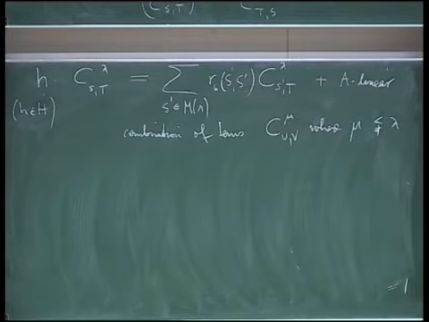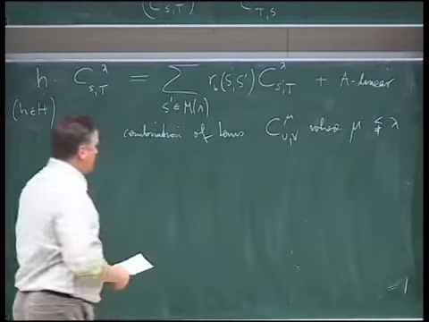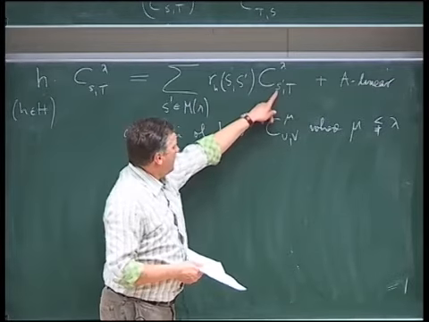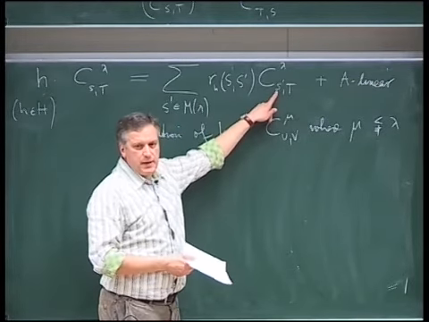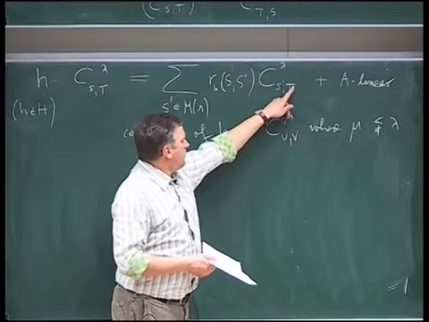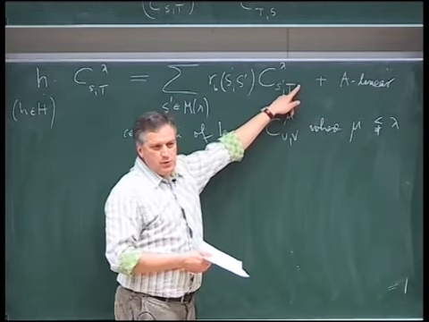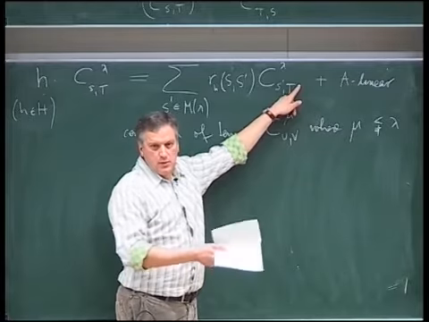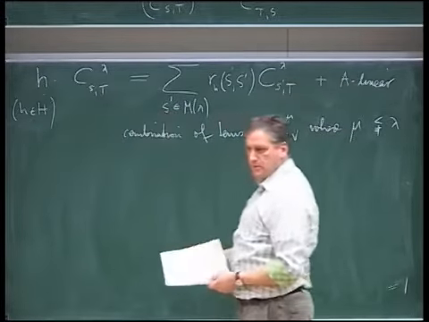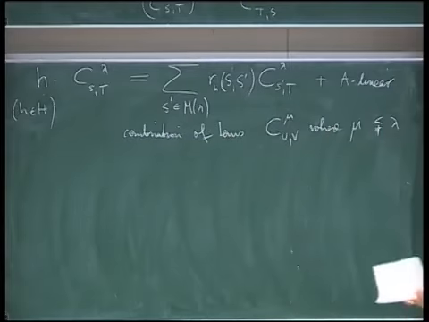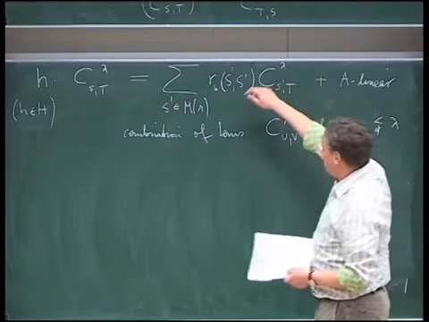So there are actually several statements here in this condition. First of all, note that I only let run the first index here, the S prime. A priori, I should also expect terms where the second component could occur here. This is the first statement, so that here only the first component varies and the second component is fixed.